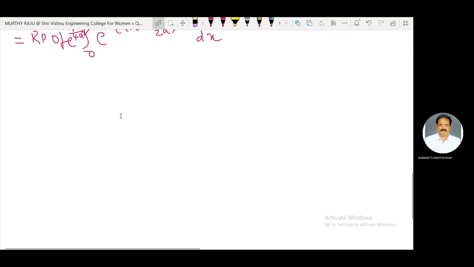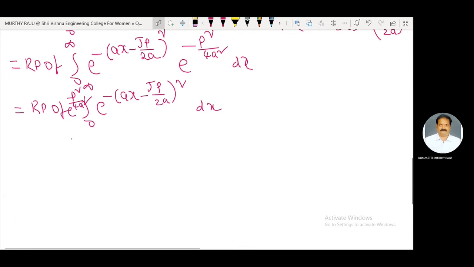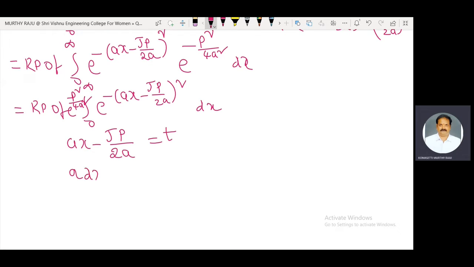Let ax minus jp by 2a is equal to t. Here a dx is equal to dt, so dx is equal to 1 by a dt. Lower limit: in the x place, a into 0 is 0. Upper limit: a into infinity is infinity. These are the t values.